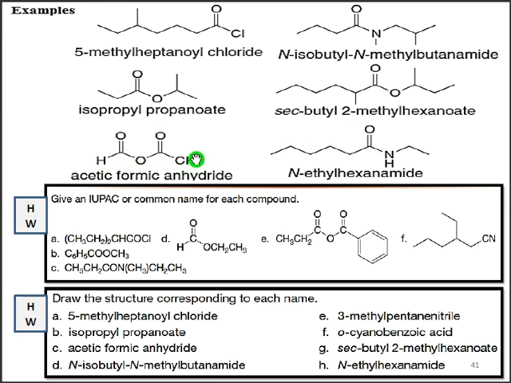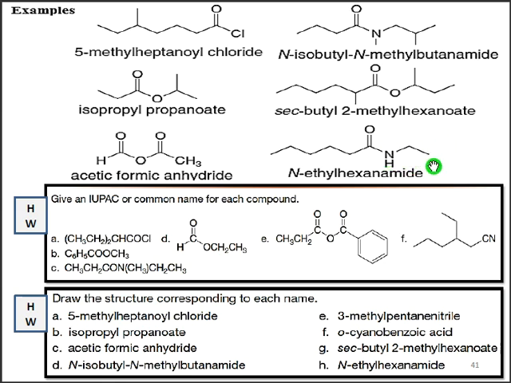And we have here an anhydride, an unsymmetrical anhydride. This is derived from acetic acid, and this part comes from formic acid. It will be acetic formic anhydride. And also here we have an amide, a secondary amide.